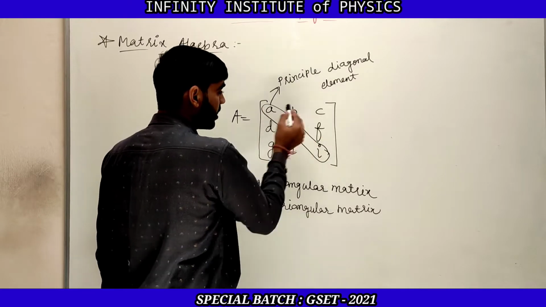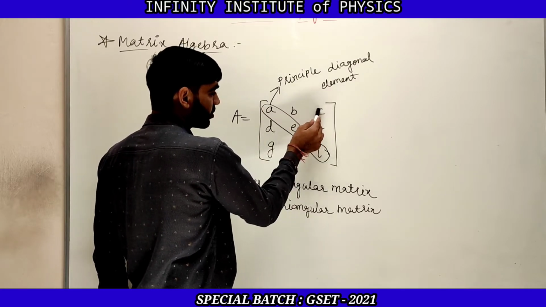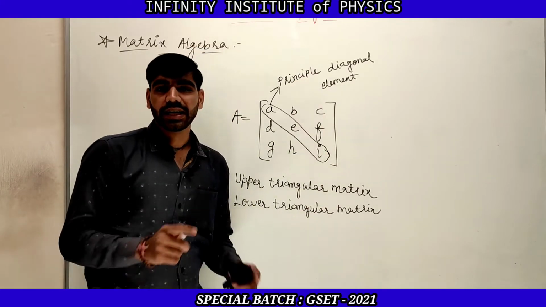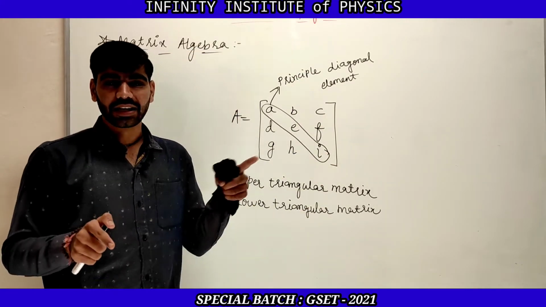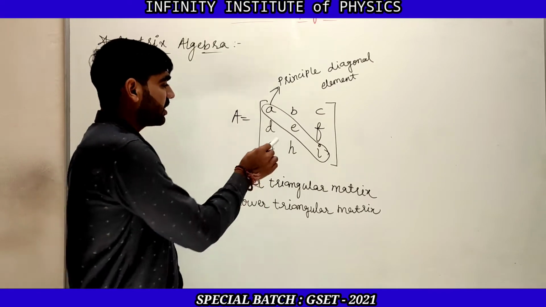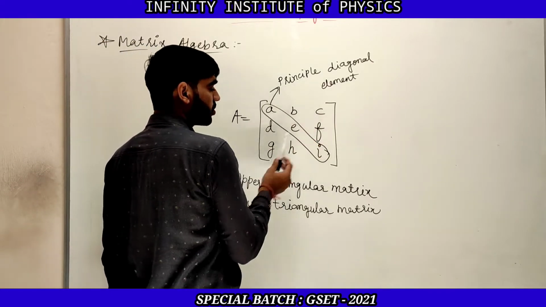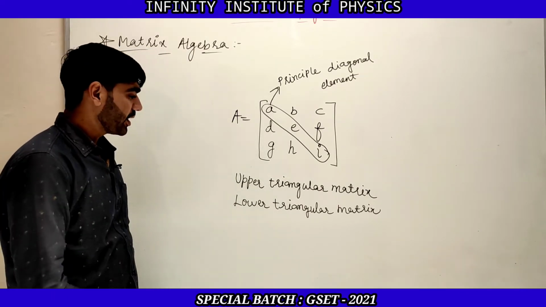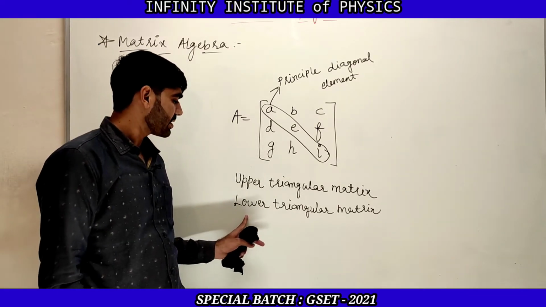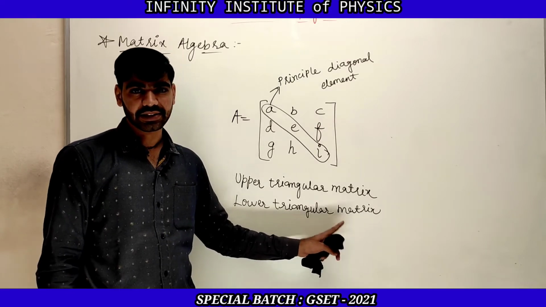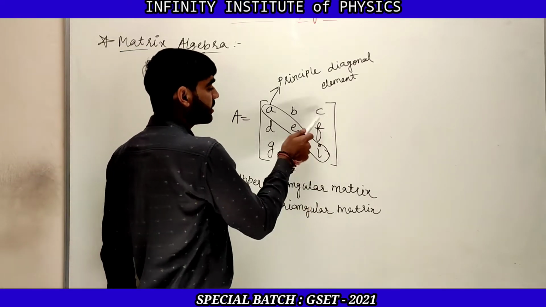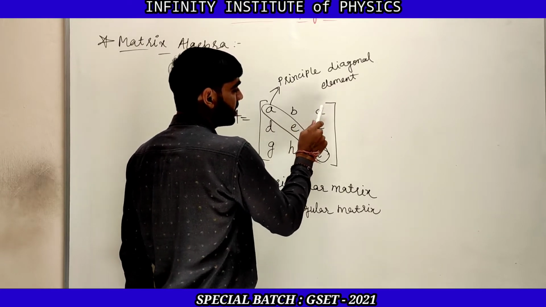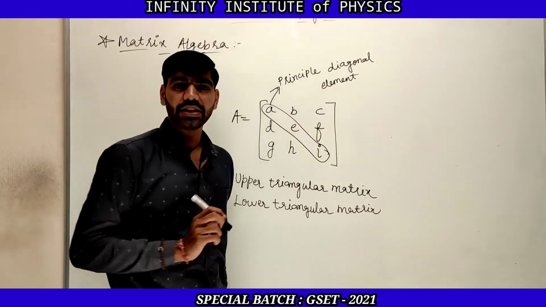Suppose we draw a line passing through A, B, C, then A, E, I, then I, F, C, it forms a triangle. And it is on the upper side of the matrix, so that's why it is known as the upper triangular matrix. Similarly, a square matrix is said to be lower triangular if the entries above the principal diagonal are 0. That means the values of B, C and F are 0.